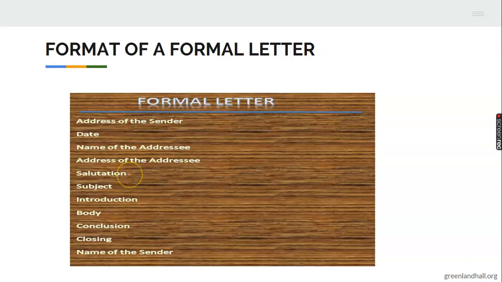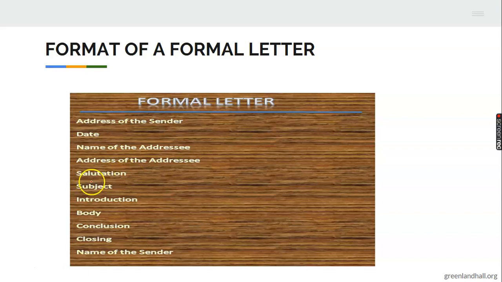Then after the address of the addressee is the salutation. And this takes just two forms. It's either dear sir or dear madam. Mind you, not dear ma. Dear ma is informal and not accepted.